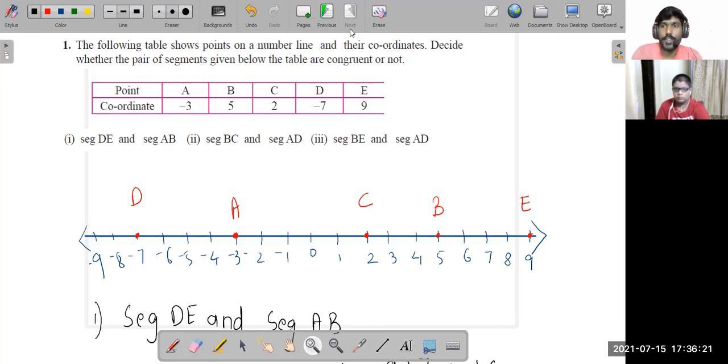Yes, they are congruent. So your final statement will be segment BE is congruent to segment AD, correct.